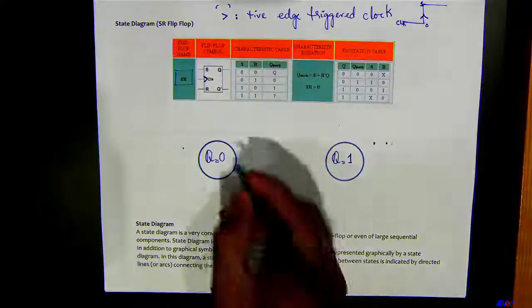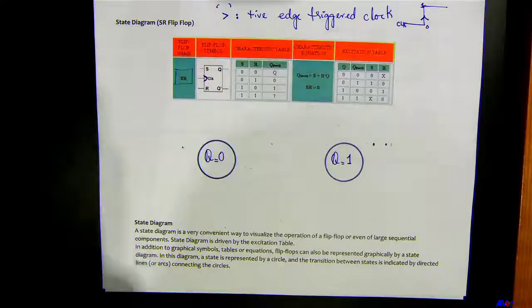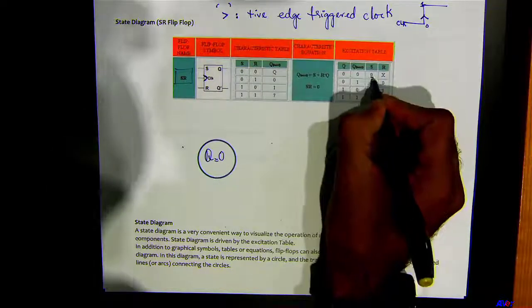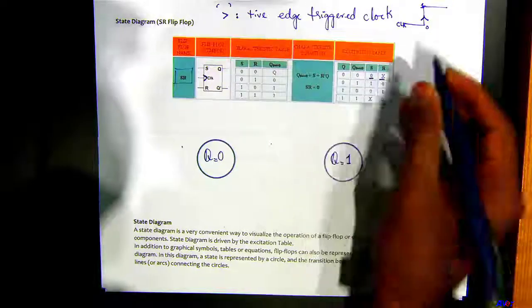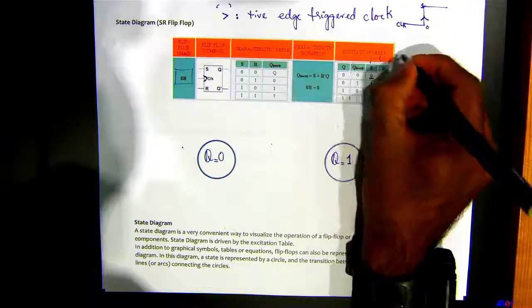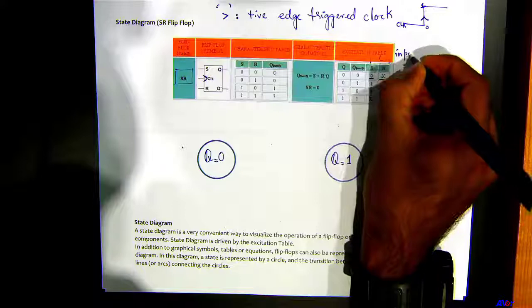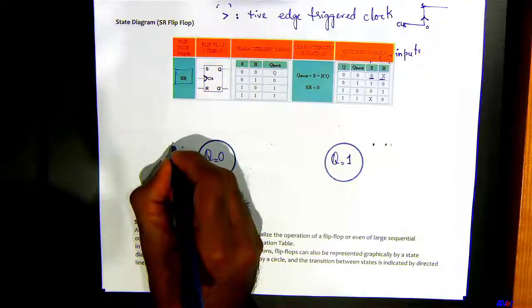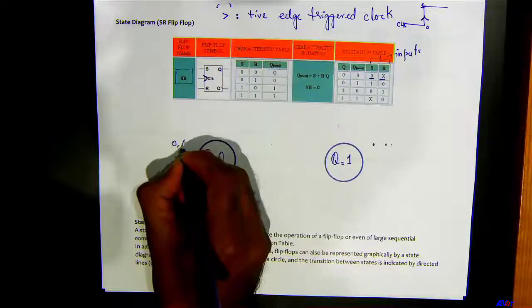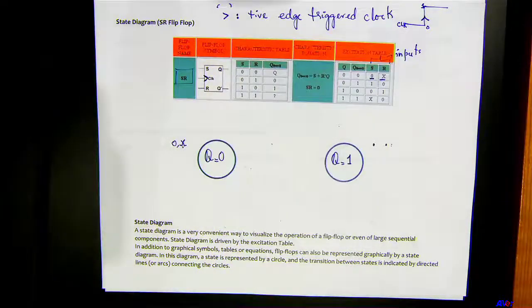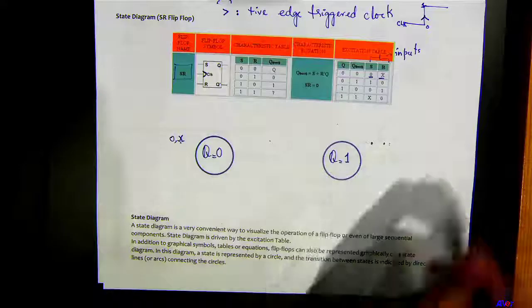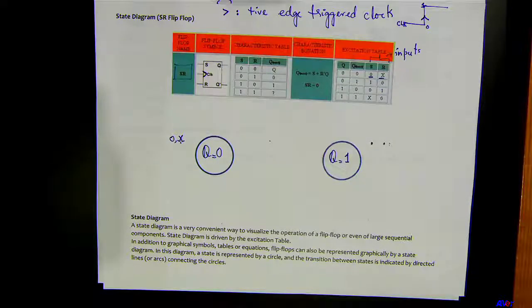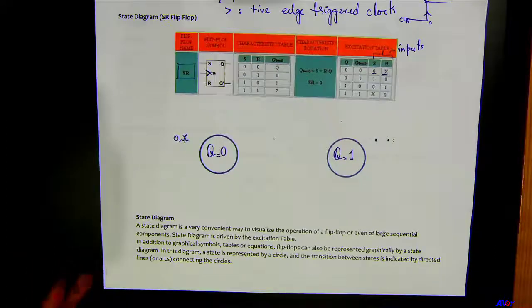Say you are over here, the present state is 0. S and R are both inputs, correct? These are inputs right here. When the inputs are 0 and don't care, what would be the next state? Where would it go from 0? Looking at the excitation table, what does it tell you?